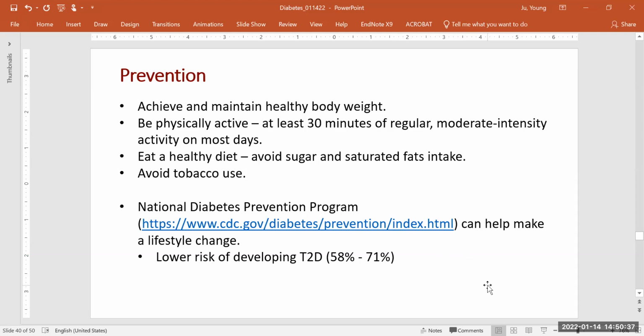This program highlights working with a trained coach to make realistic, practical, and lasting lifestyle changes, and also discovering how to eat healthy and add more physical activity into daily activity.